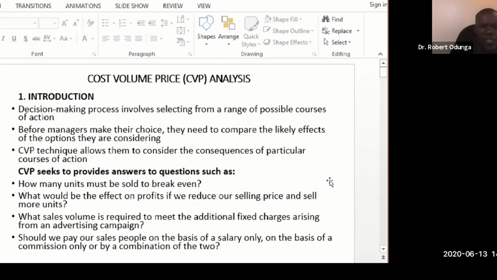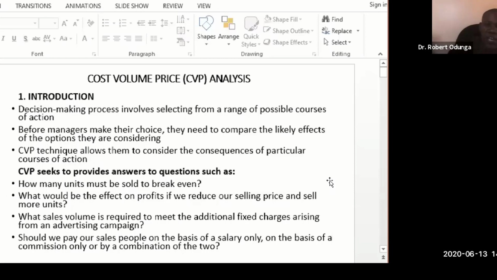Then secondly, what would be the effect on profits if we reduce our selling price and sell more units? All right. There are cases when you can reduce your selling price so that you increase the demand for the product, and as you reduce your price, the demand increases, you end up selling more, right?